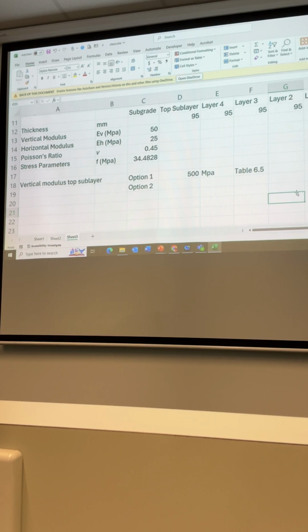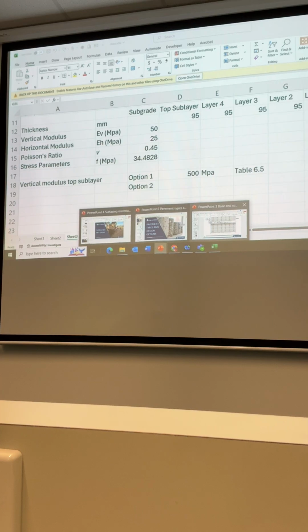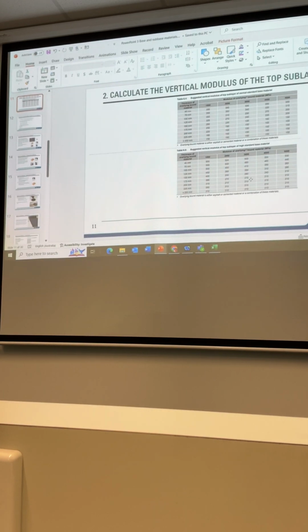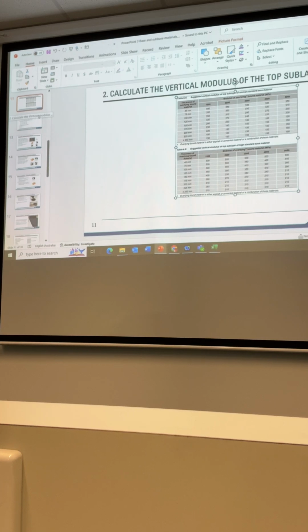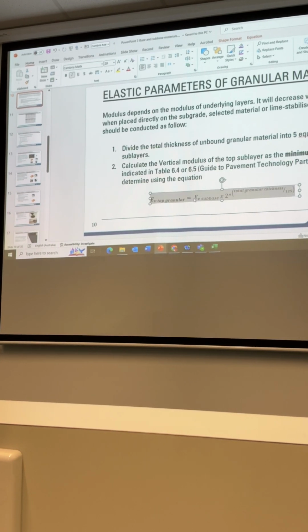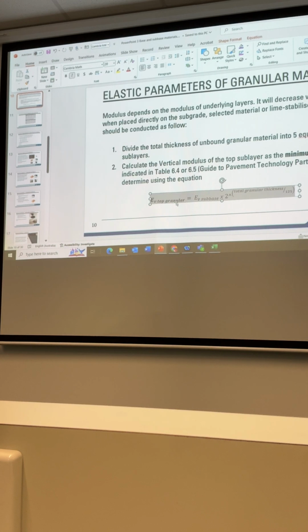Okay. Option 2, according to this, they are telling me, okay, for option 2, you are going to use this formula in which the EV of the top granular is going to be equal to the EV of the subbase, but in our case we have the subgrade, times 2 to the power of total granular thickness divided by 125.